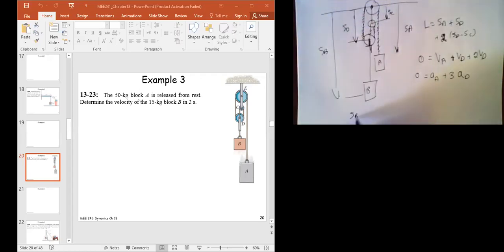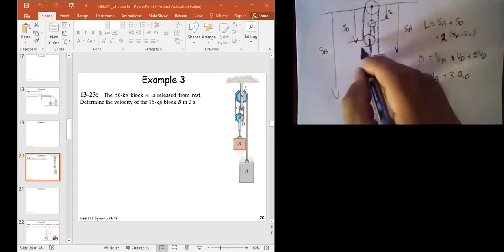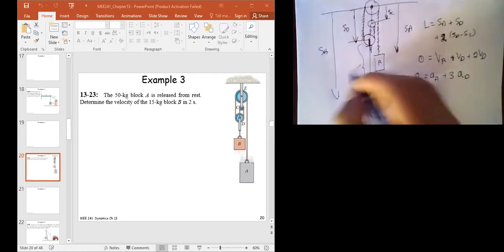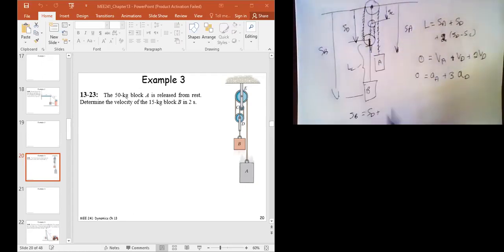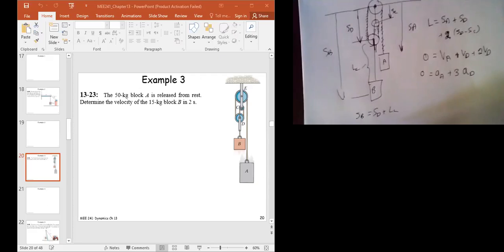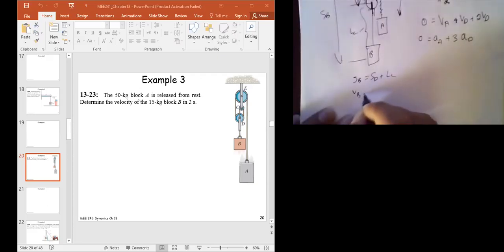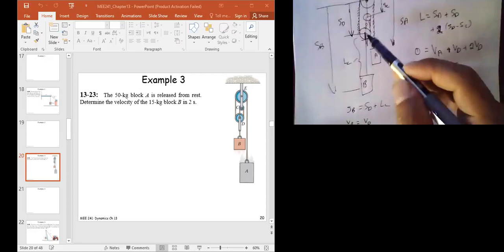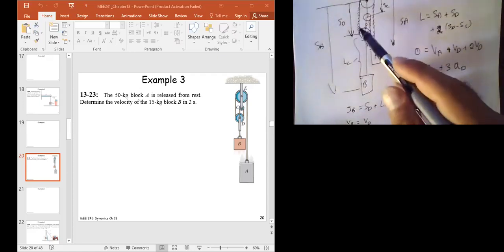So if you take SB here, SB is actually equal to SD plus some constant, let's call it LC, right? So VB is equal to VD and AB is equal to AD. You don't even need to tell me this because we already see that. These two are related by a constant distance.